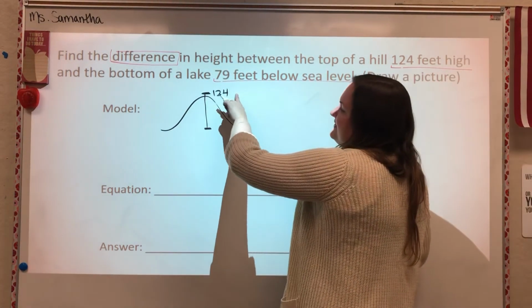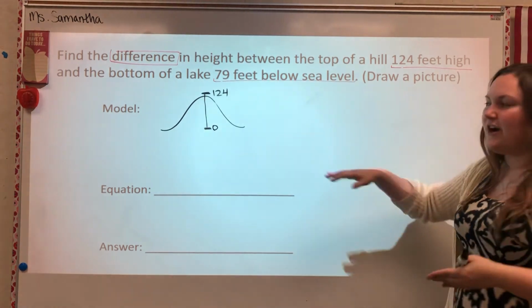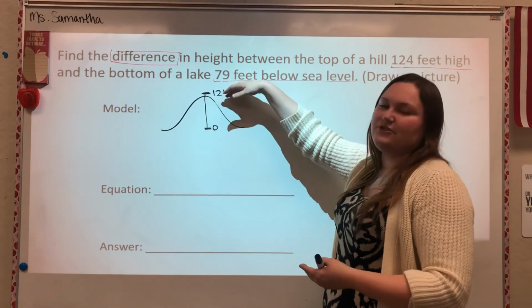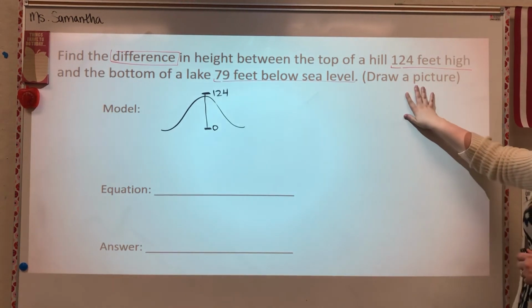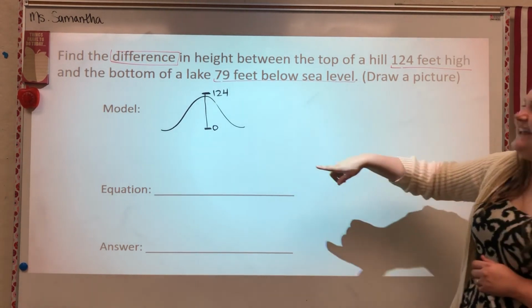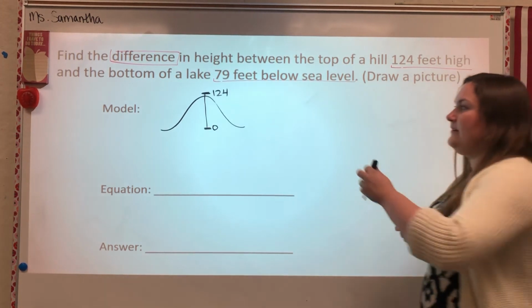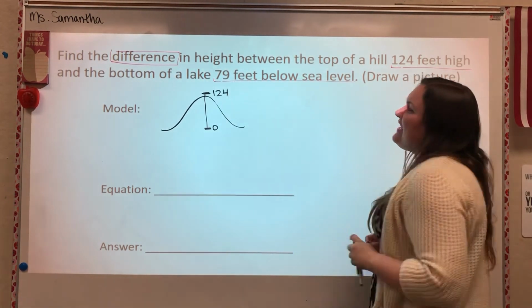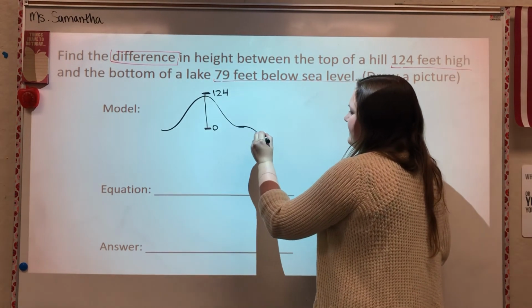So 124 is up here, 0 is at the bottom. If you're measuring the length of something, you're starting from 0, and then we're just measuring straight up. So continuing with my beautiful drawing, it's saying we've got a hill that's 124 feet high. We've got a lake that goes down to 79 feet below sea level. Well, ready for this? Here's the lake.